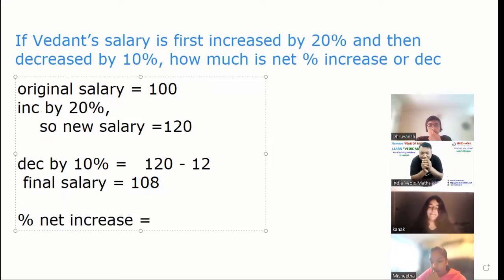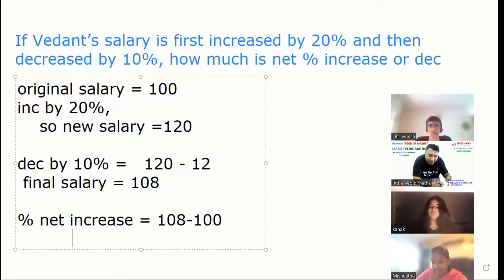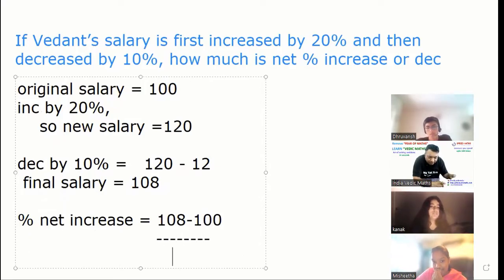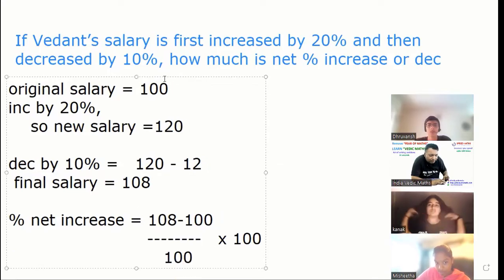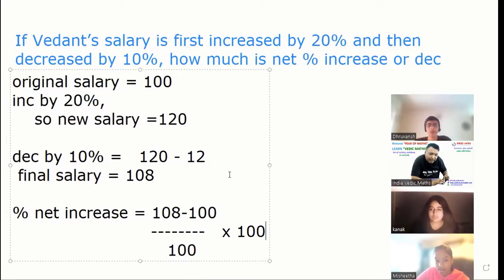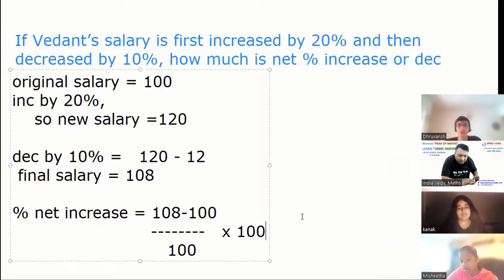Yeah. And what is the concept of percentage increase? New minus old, divided by the base. The original salary was 100. And percent is always times 100. So when we solve this, what do we get? 8%. 8% increase. You are perfect. That's it.